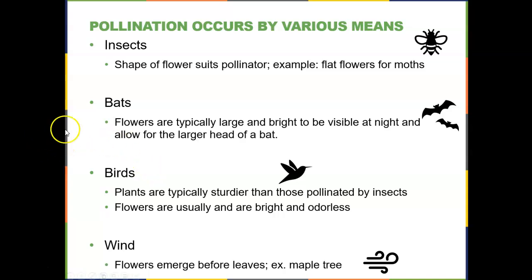So while these animals, insects, bats, and birds, are collecting their nectar to eat, then they are, as an after effect, moving pollen from the anthers to the stigma, and it could be within the same flower or it could be across flowers of the same species. So it's a symbiotic kind of relationship and mutualistic in that they both get something out of the deal.